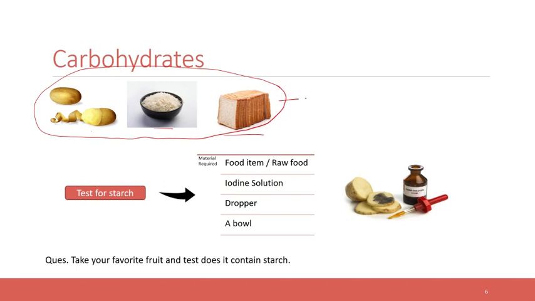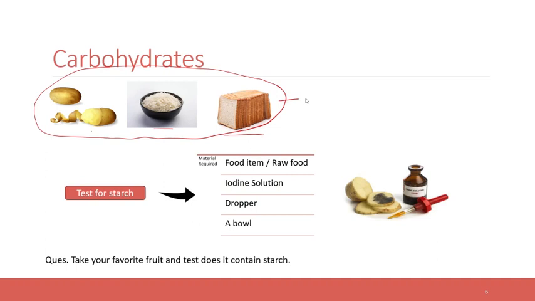Okay? So we'll do a starch test. Do you know what starch is? Let me know. Okay, I'll tell you. Starch is actually a type of carbohydrate. Got it? Like there are various types of vitamins you must have studied: vitamin A, vitamin B, vitamin C, vitamin D, vitamin E. There are lots of types of vitamins.